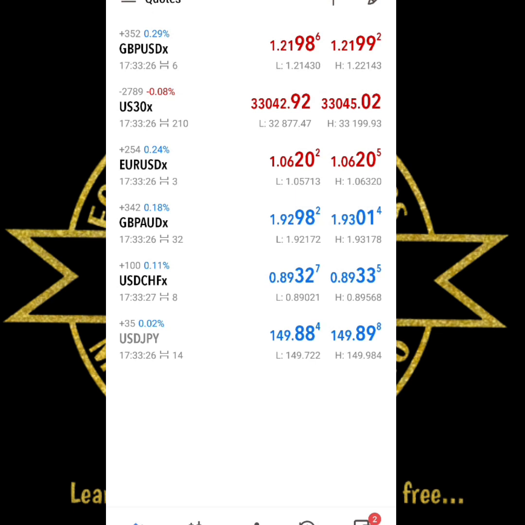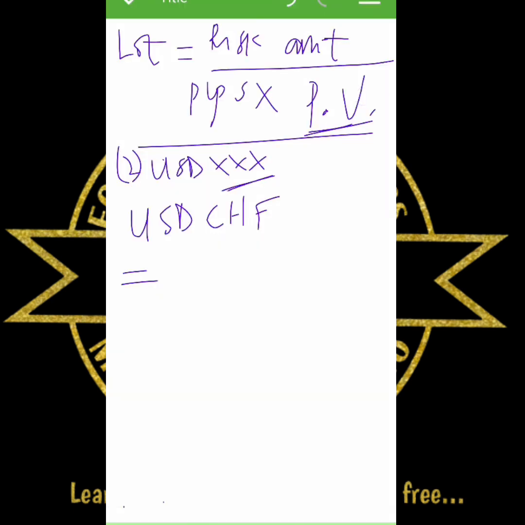So 0.8932 will be our exchange rate. Remember that USD CHF has four digits after the decimal point.